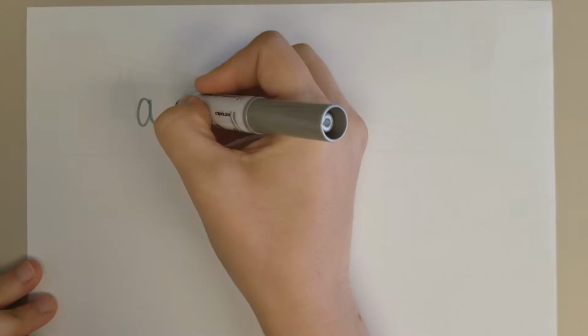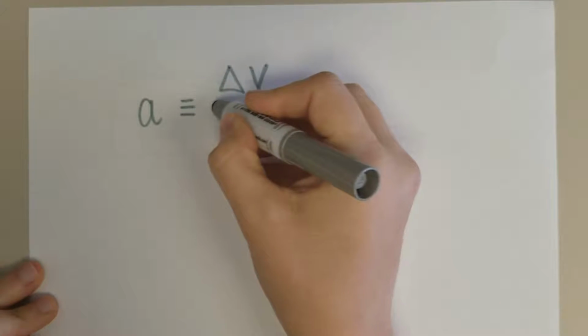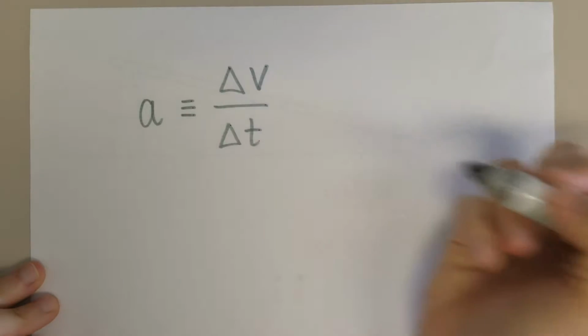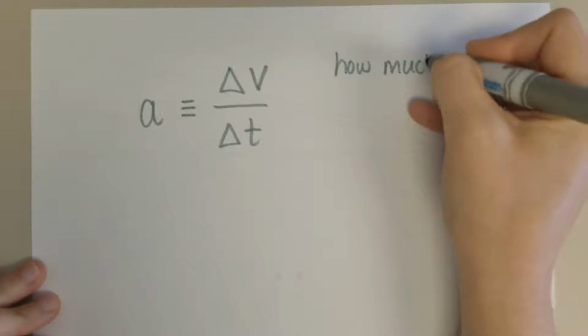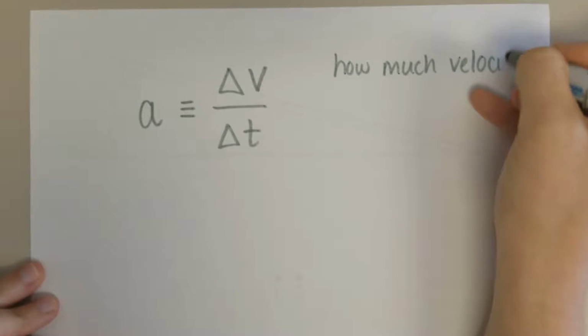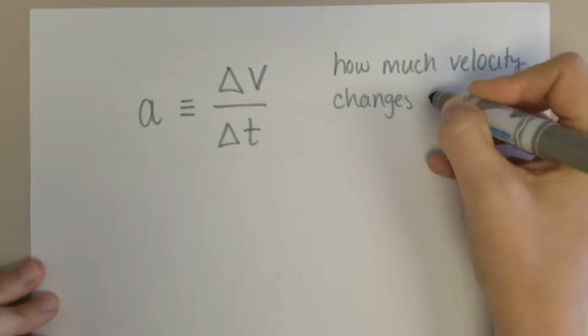Now, just a quick refresher, we have defined acceleration. We use a lowercase a for acceleration, and it's defined as an object's change in velocity divided by its change in time. That is how much velocity changes per unit time.